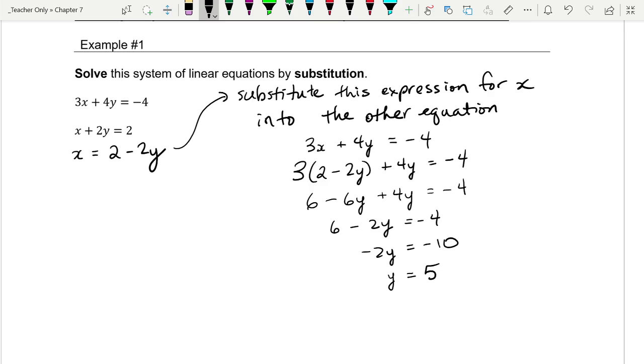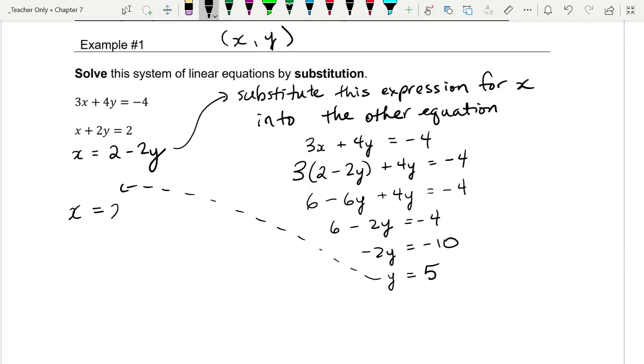But obviously, the solution is an x comma y, right? The point where those two things meet. So I only have half of my answer. I have the y answer. I need the x answer. Well, look what I have up here. I have x equals 2 minus 2y. So if I know y is 5, I substitute again. I'm going to draw another arrow and substitute back.